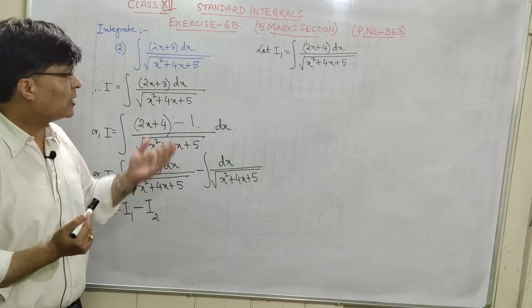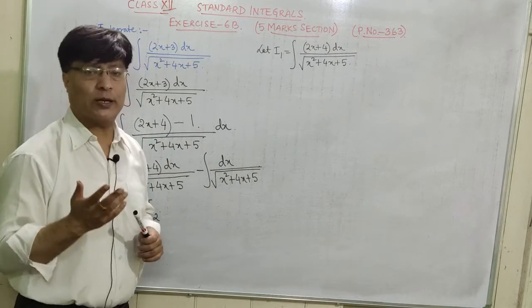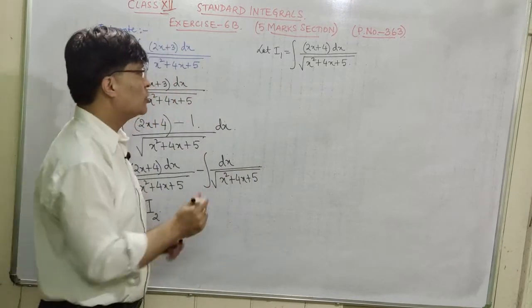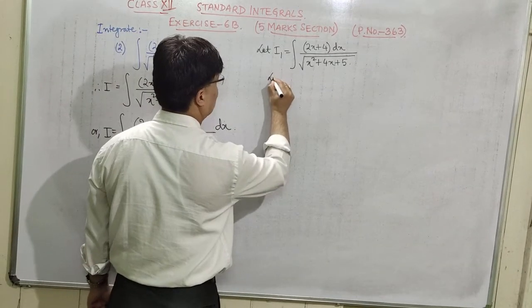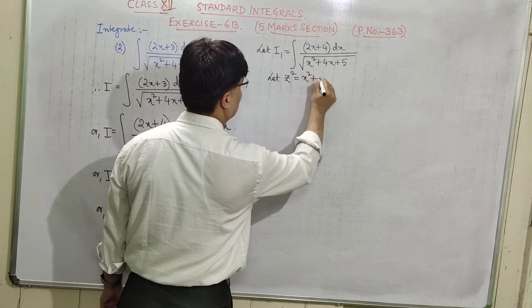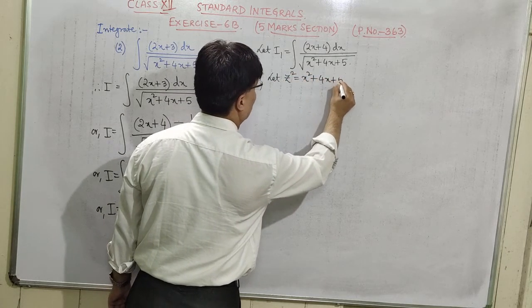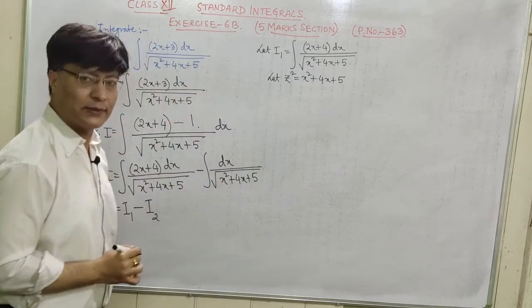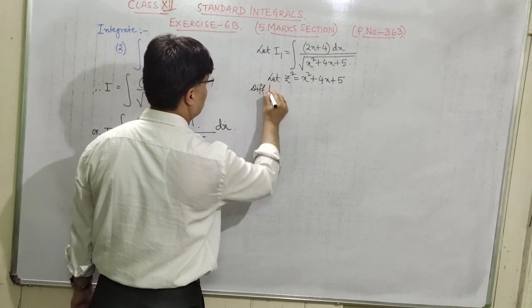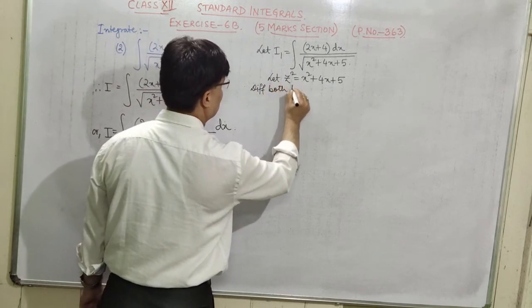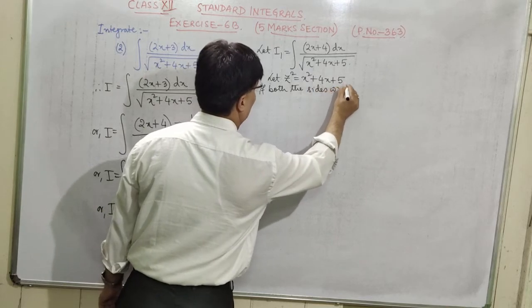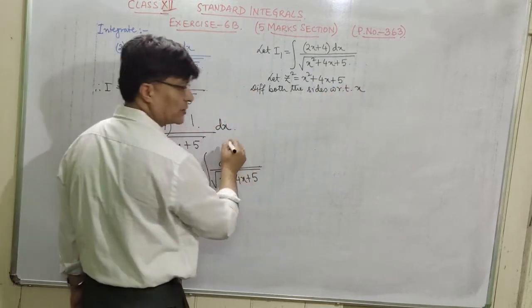Okay, so let us assume the expression under the square root as z square, because the expression is under the square root and it is in the denominator. So we can assume let z square is equal to x square plus 4x plus 5. Is that clear? So let us differentiate it, differentiating both the sides with respect to x.